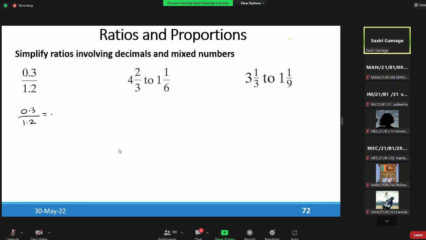First, we can write the simplest version of this fraction. We know this is like a fraction. Then we can convert it to the simplest form. How can we do it? We can multiply both numerator and denominator by 10. Then we are getting 3 over 12, and then the simplest form is 1 over 4.